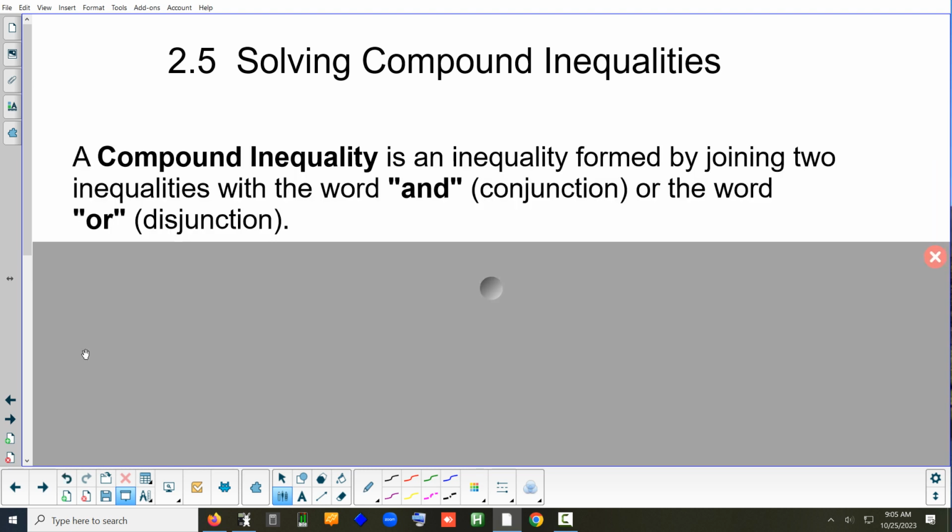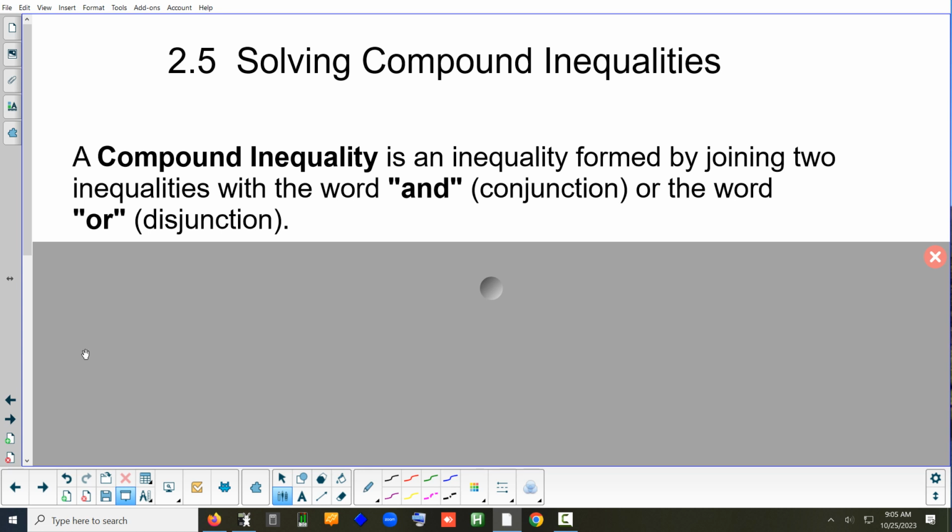All right, so up at the very top of your guided notes, you got a couple blanks to fill in with some sentences. And the first blank, it's in bold, what you want to write down. It says a compound inequality is an inequality formed by joining two inequalities with the word and.